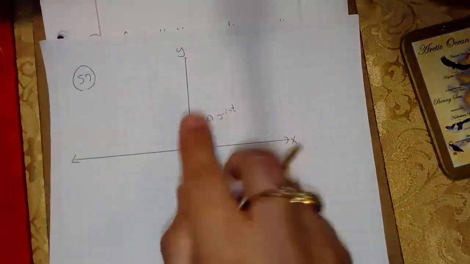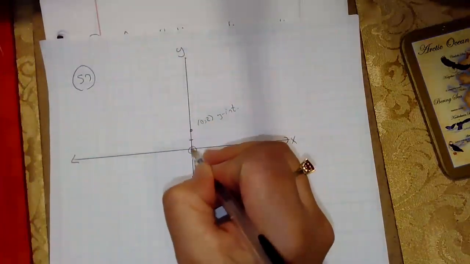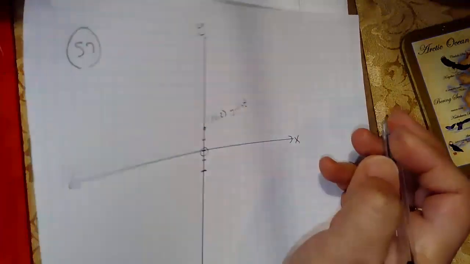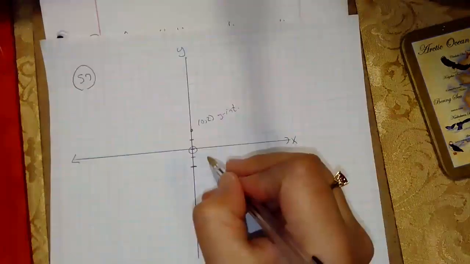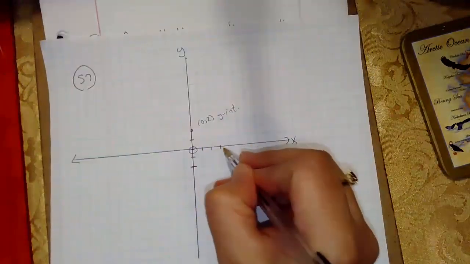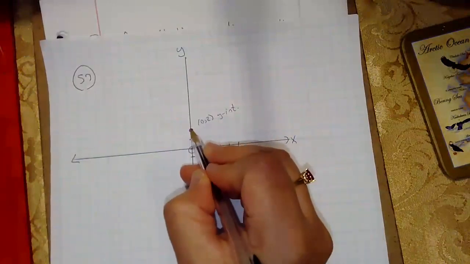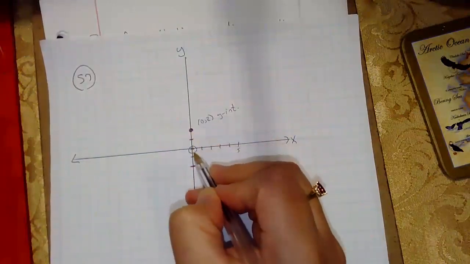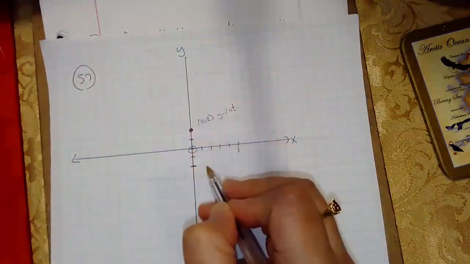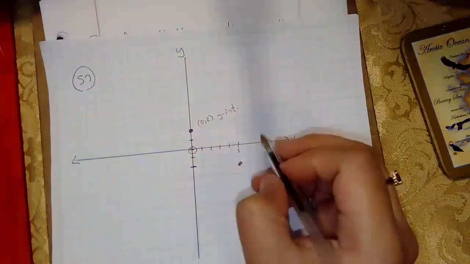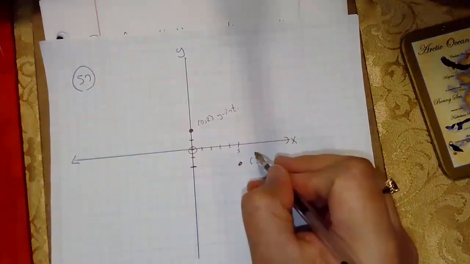So down 1, 2, 3, 4, and right 1, 2, 3, 4, 5. And that's the point.